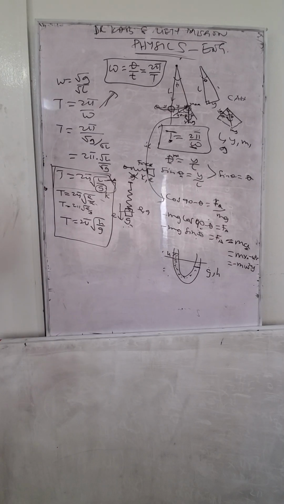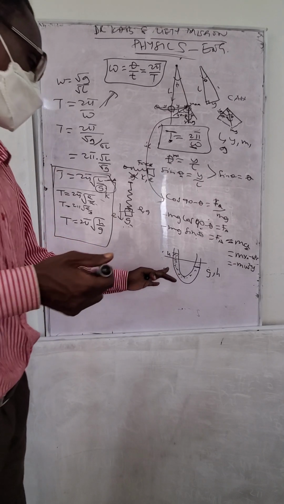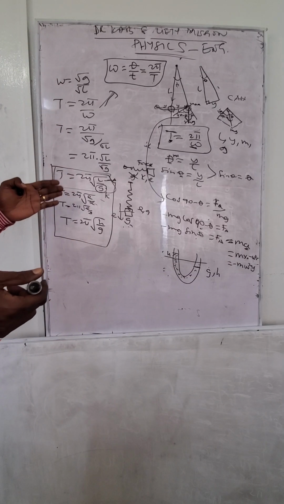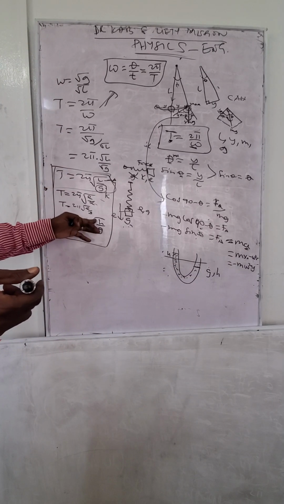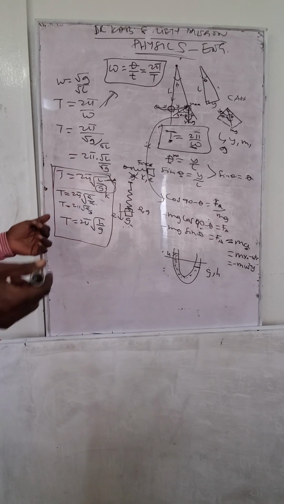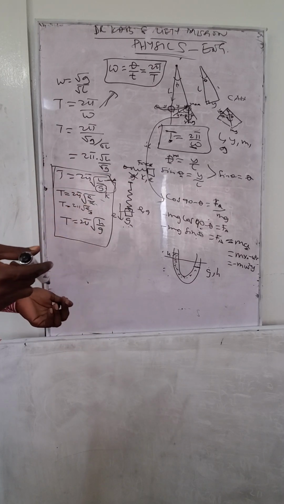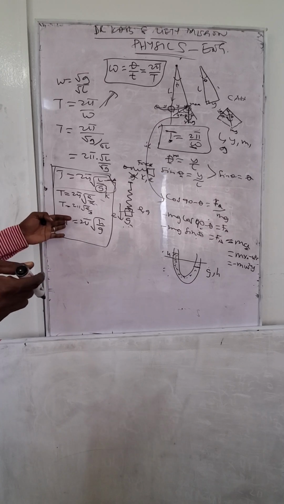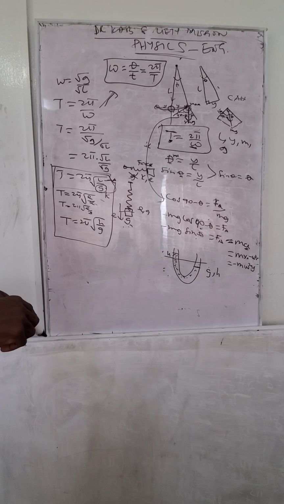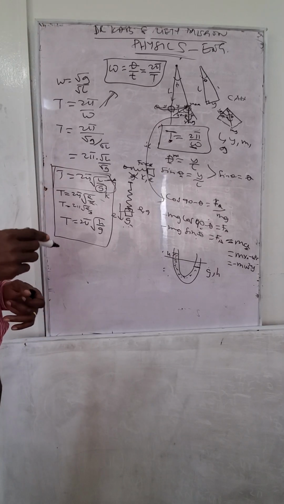So when you are told there is a column for measuring height, the height that it rises, maybe 2 meters or whatever. That's too high, maybe 0.02 meters. And then we are asked to find the time it will take to go up, come down, and get back to its former initial state.